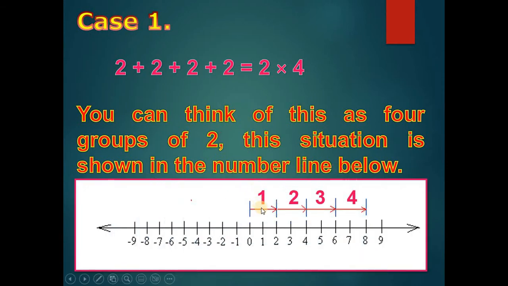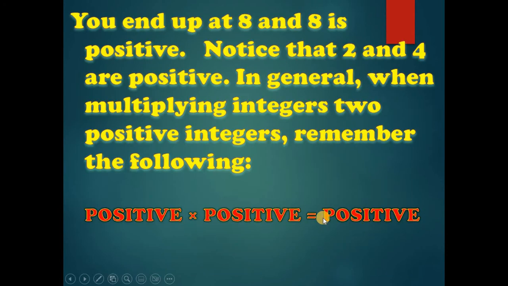So dito kasi ito ay tigda-dalawa. Okay. So 2 units every count. So 1, 2. So that is the first count. 1, 2, second, 1, 2, third, and 1, 2. Okay. So saan tayo nag-last? Dito sa positive 8. Okay. You end up at 8. And 8 is a positive.